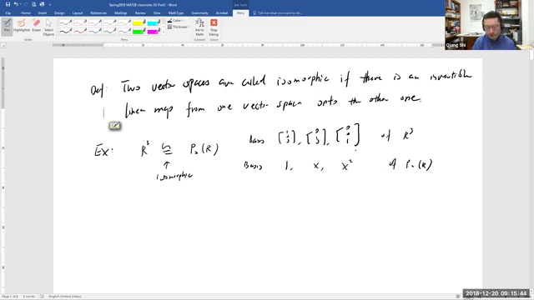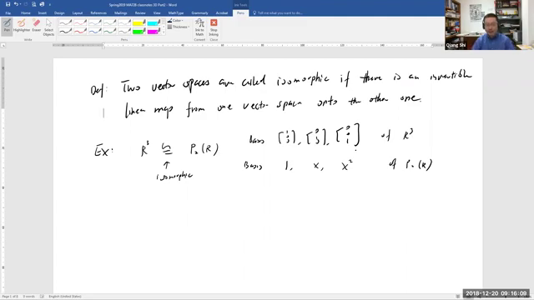Then this is a correspondence of three basis vectors to three other basis vectors. We know from our earlier discussion in section 3C about matrices that each linear map is uniquely determined by how it works on the bases, and that can be represented by a matrix.